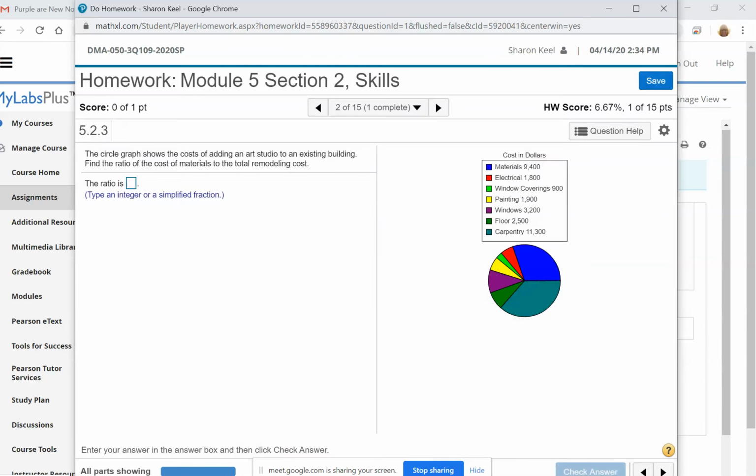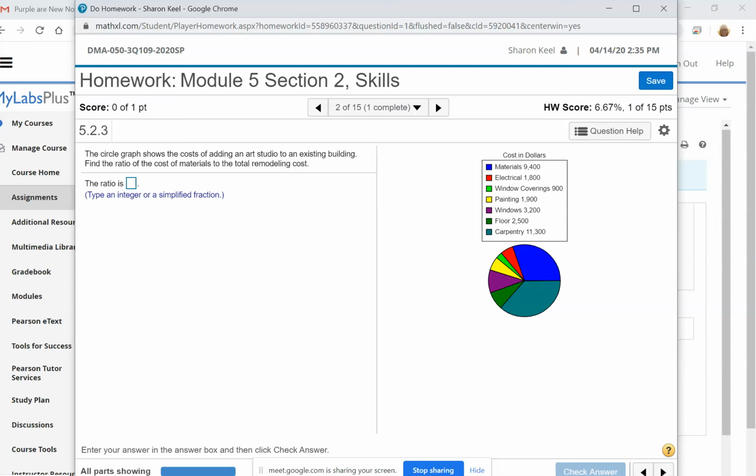Sometimes you're just reading the information, and then sometimes you may have to do, this one wants you to do a ratio. That relates back, remember, to dma050. Find the circle graph that shows the cost of adding an art studio to an existing building. Find the ratio of the cost of materials to the total remodeling cost. So materials is 9,400.